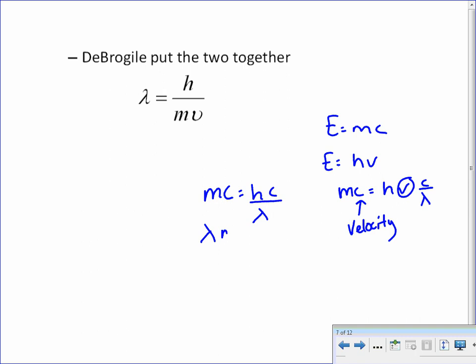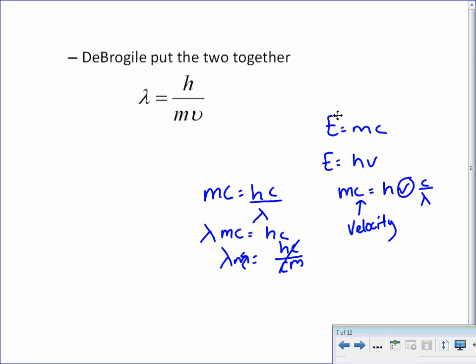Lambda mc equals hc. Lambda m equals hc over c. You can see that the speed of light cancels out.